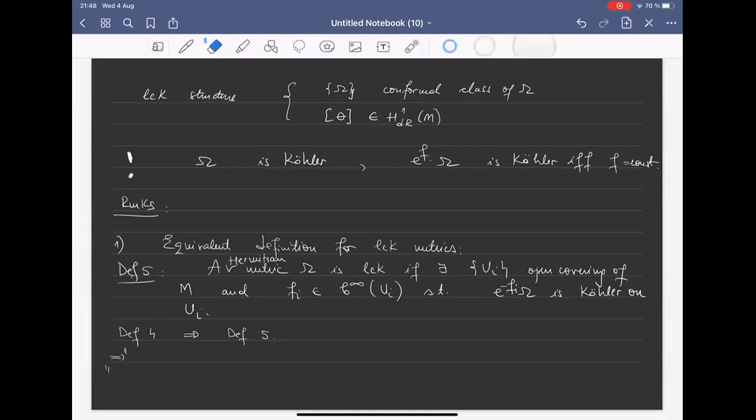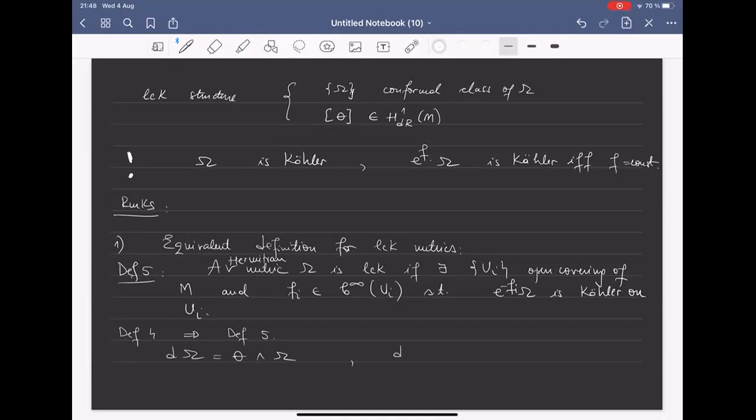So if we know that d omega is theta wedge omega, the most natural choice for this open covering will be to take the open sets where theta is exact.